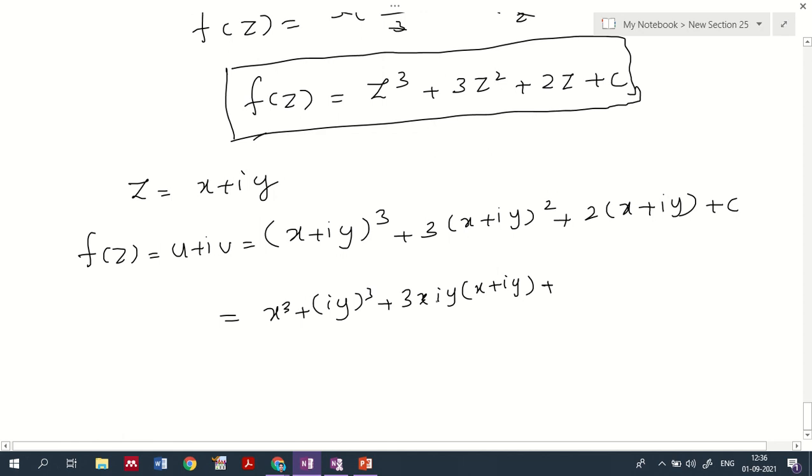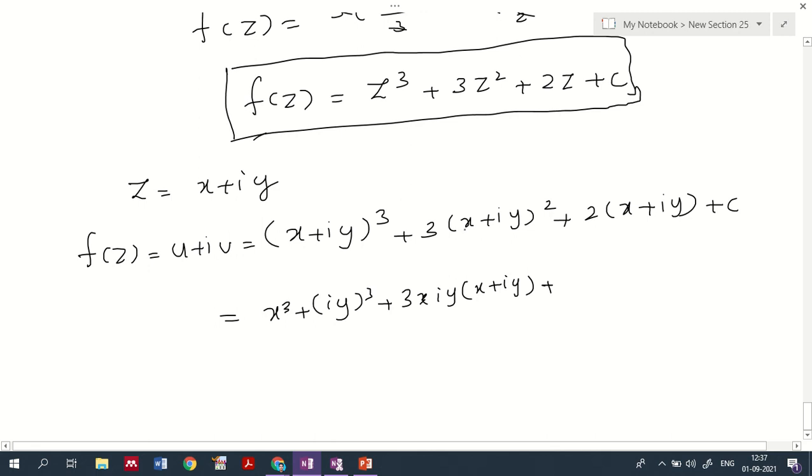So this is a simple way of representing x cube, or rather you can also represent like x cube plus iy cube plus 3x square iy plus 3 iy square x, like that also you can represent. So I just simply represent like this, and later on I will be also expanding that.